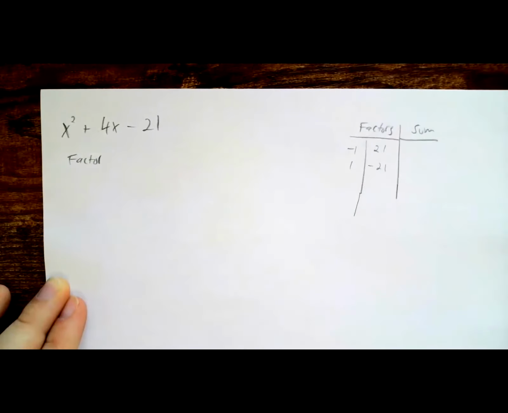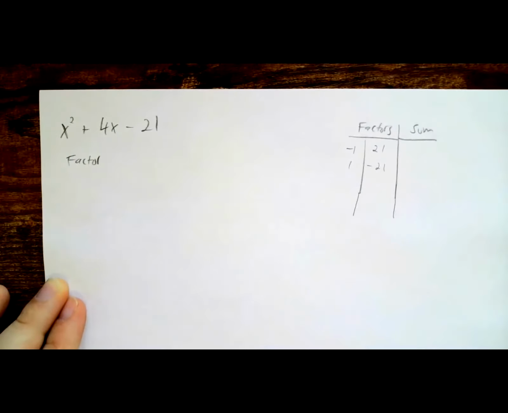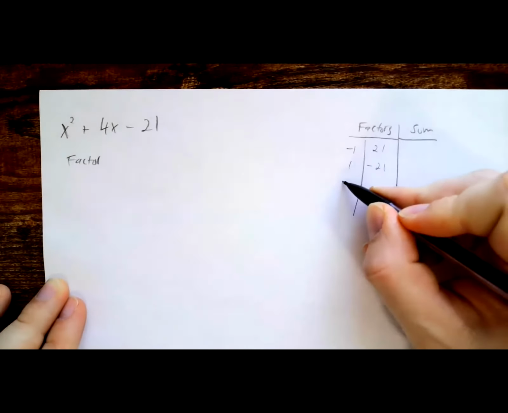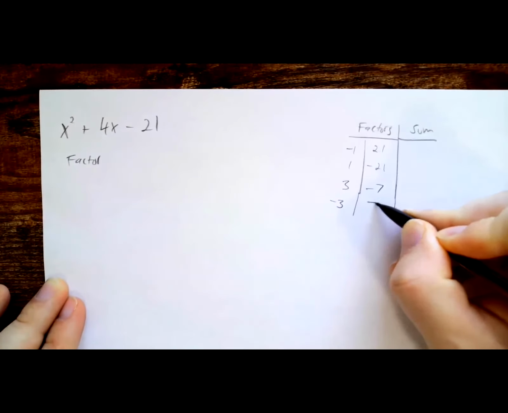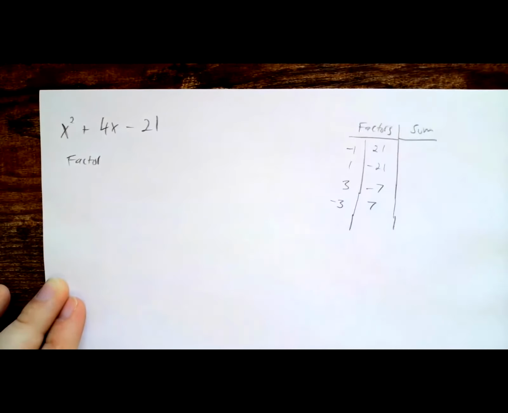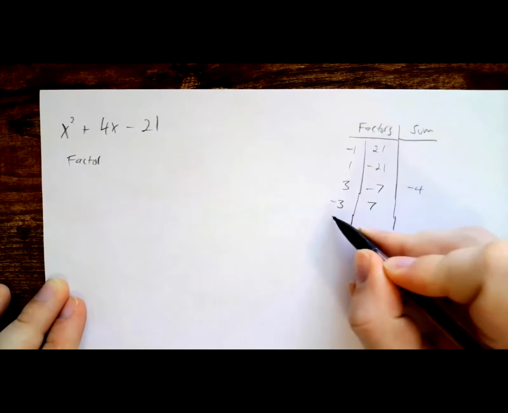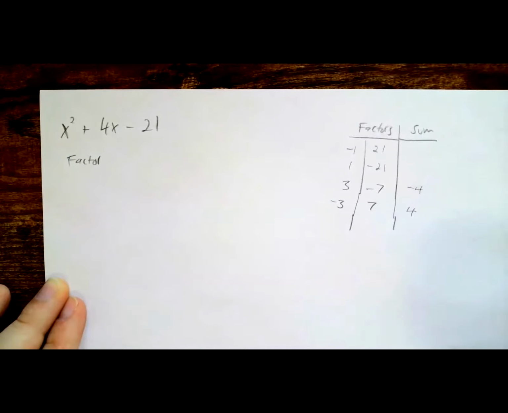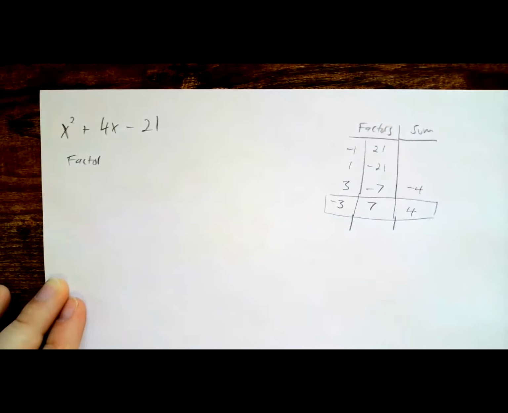That will multiply to -21, certainly not going to add up to 4. So let's try 3 and -7, or -3 and 7. Do either of those work? So 3 minus 7 is -4. -3 plus 7, that's equal to 4. So that's the winner.